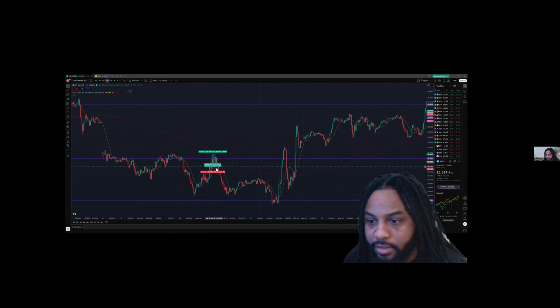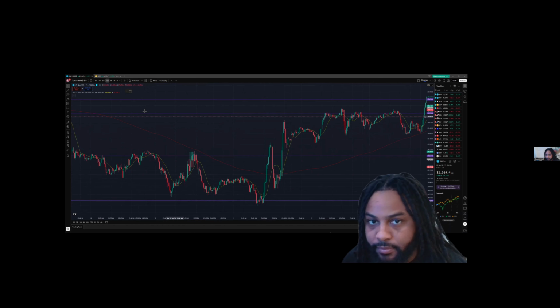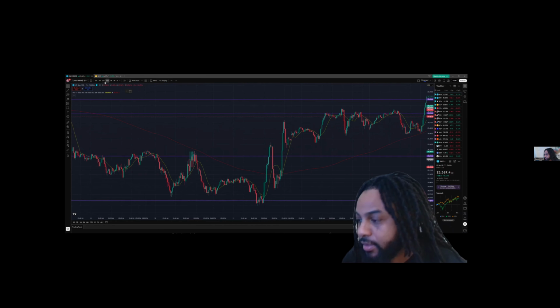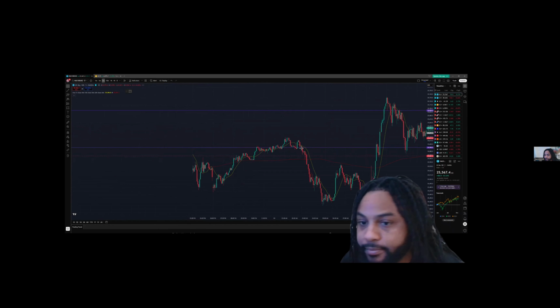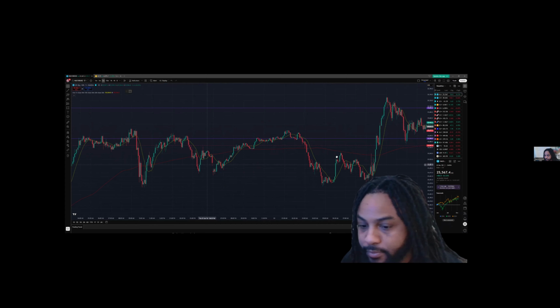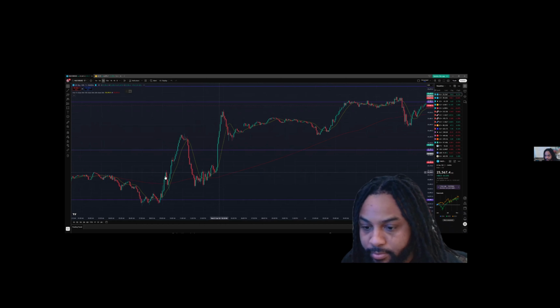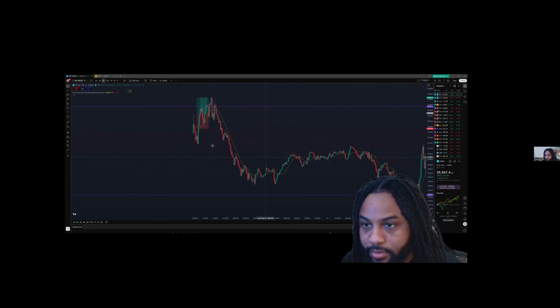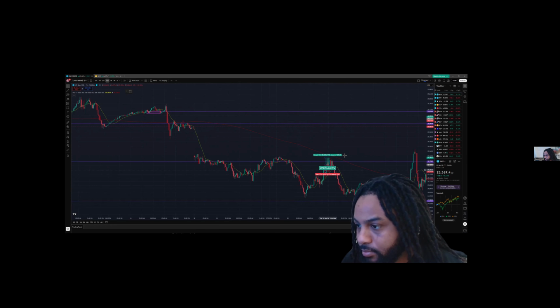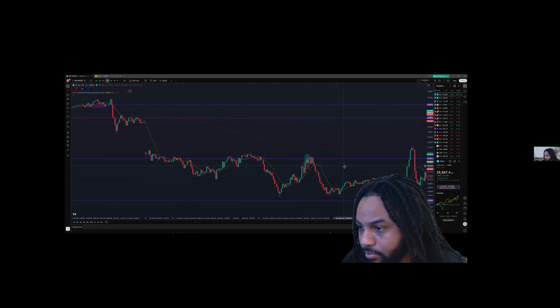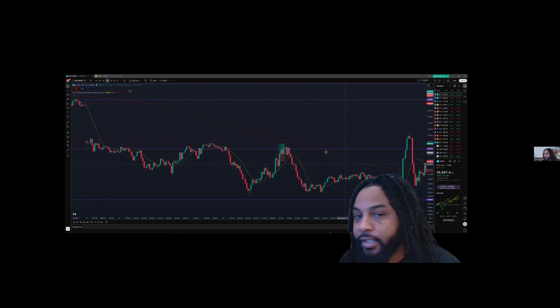Here's a trade I took Tuesday. Now let's look at this trade. This setup was on the 15-minute.